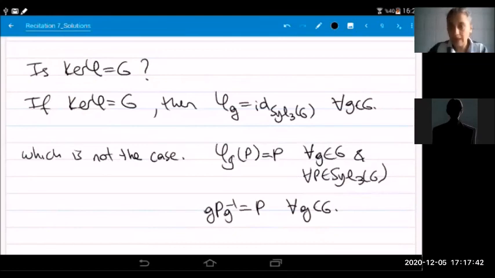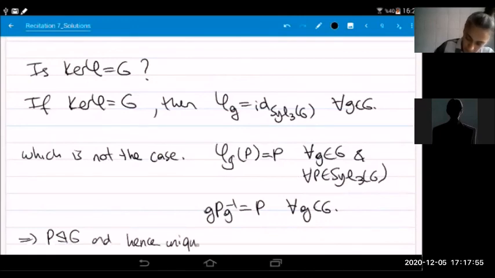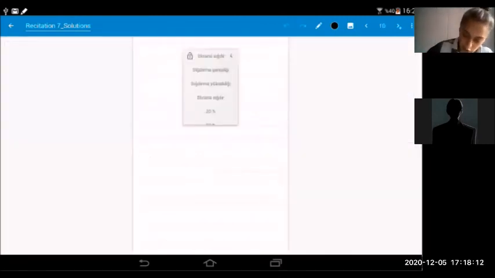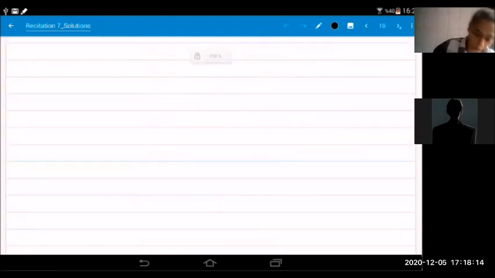This means that it has to be the unique Sylow 3 subgroup, but this is not the case. We have 4 Sylow 3 subgroups. So since we reached a contradiction, the kernel is not equal to the whole group.